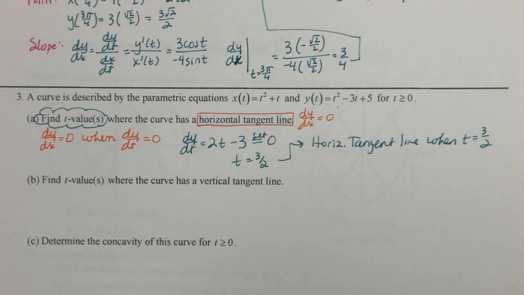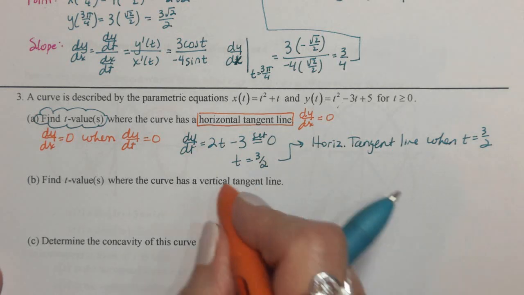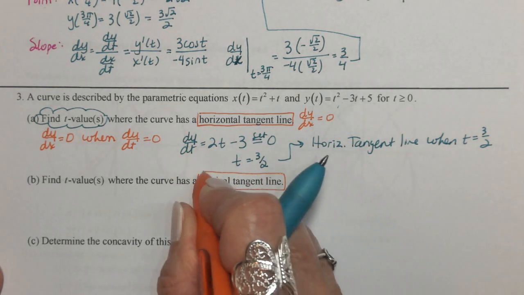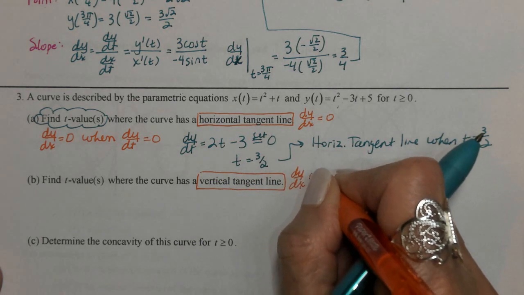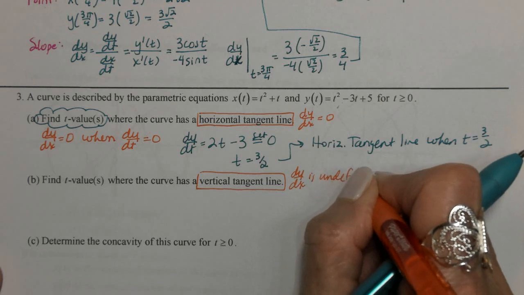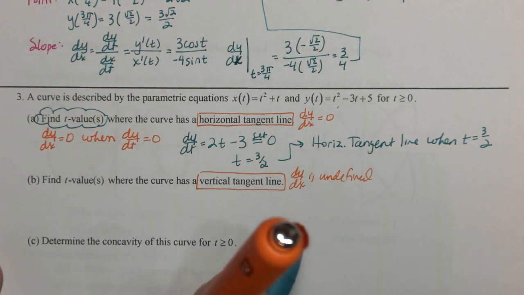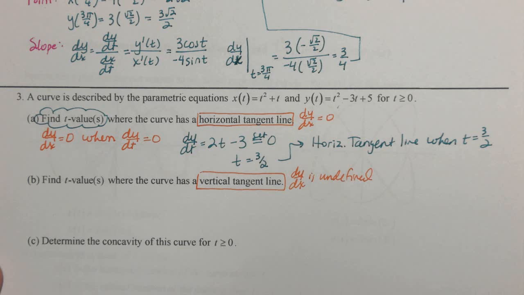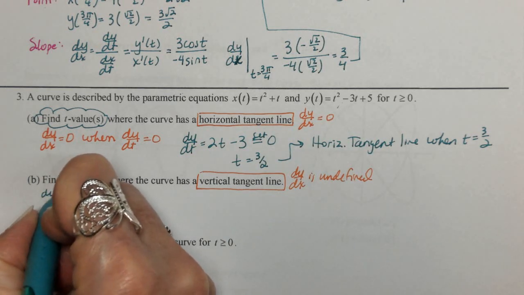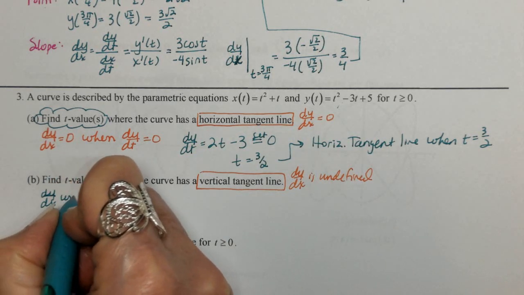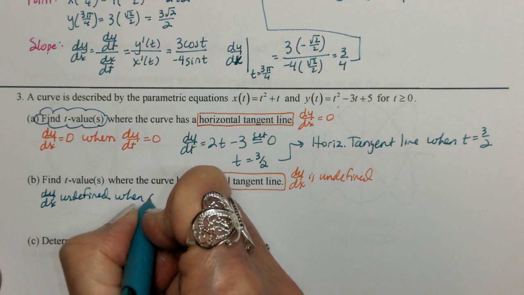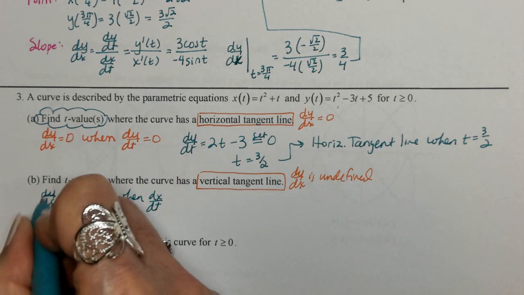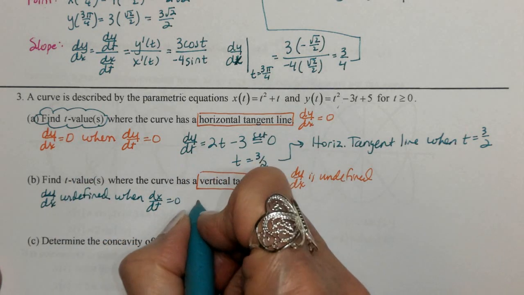So t is 3/2. Next up, we're going to find the t values where the curve has a vertical tangent line. Well, vertical tangent line occurs when dy dx is undefined. And that is when the denominator is 0. So dy dx is undefined when dx dt, its denominator, is 0.